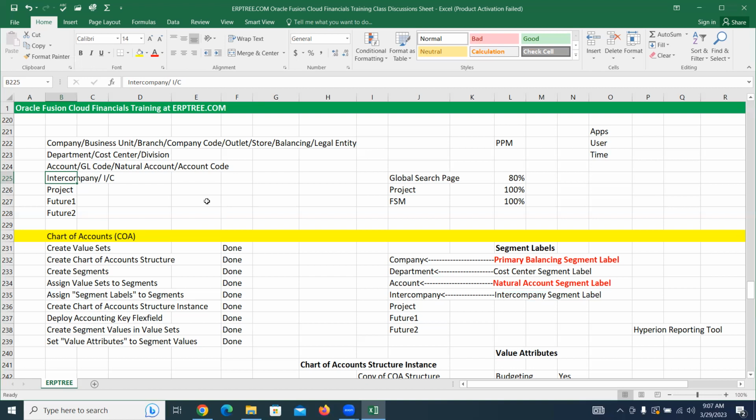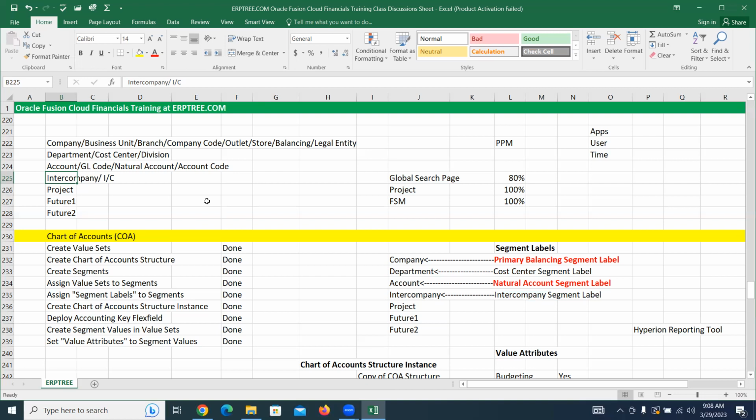In EBS, secure rules work at segment level. Since those work at segment level, let them work at segment level. Value set we can use here and there, no worries. Company value set you can use for intercompany also. But in Fusion, the secure rules work at value set level.